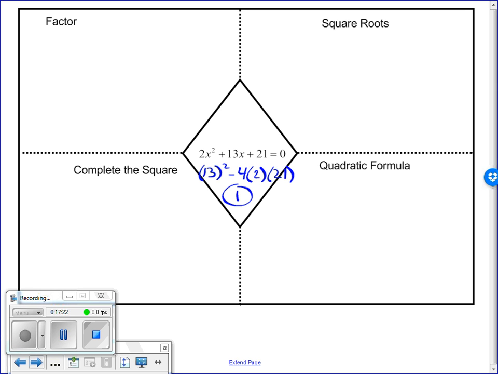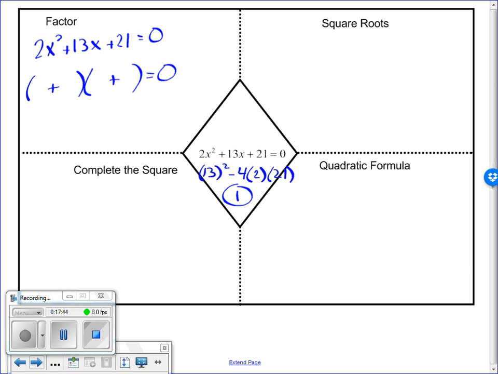All right. 2x squared plus 13x plus 21. All right, so if it will factor, is there a GCF? No, there's not. All right, so we set up our parentheses. Last one's positive. What are my signs? They're the same, so they are both plus.